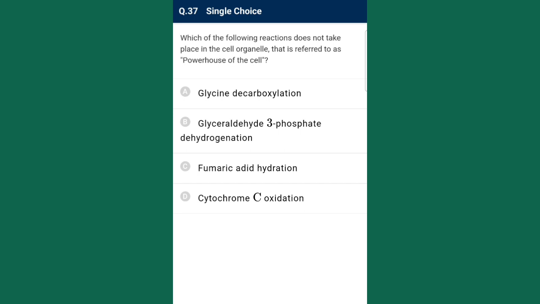This is an important energy pathway during glycolysis, aided by the enzyme glyceraldehyde-3-phosphate dehydrogenase. NAD is reduced by accepting the hydride ion or hydrogen atom from GAP, and NADH is formed. So the answer for this question is option B, glyceraldehyde-3-phosphate dehydrogenation.